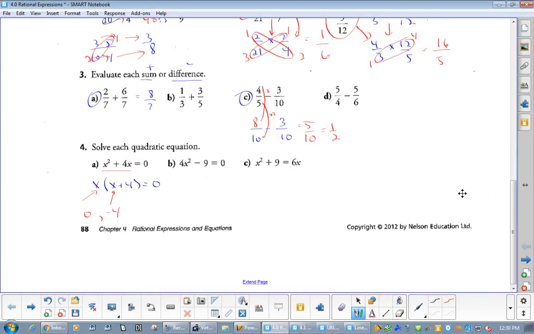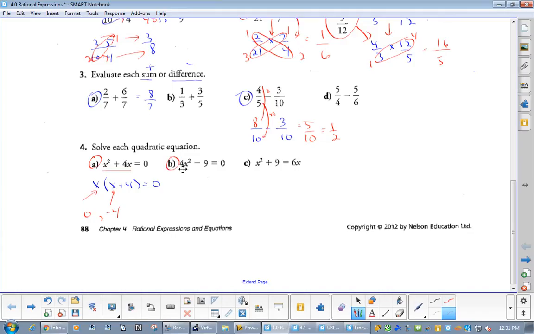Okay. Now, B. Bet you this has been a while. 4x squared minus 9. Anyone recognize what that is? I'd be impressed if someone could tell me. Okay, what do you notice about 4x squared?